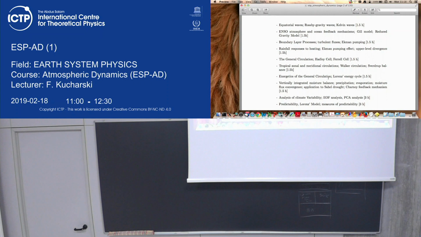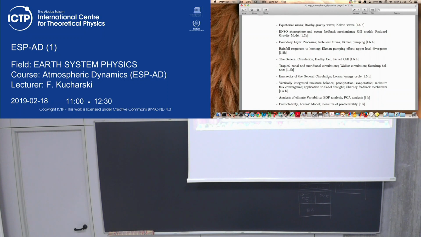Then the general circulation, we will discuss a little bit what is happening if we just calculate a zonal mean. Because most of the temperature differences are in the meridional direction, to simplify the system we can just assume that the planet is a zonal mean planet, and then discuss these circulation cells that appear.